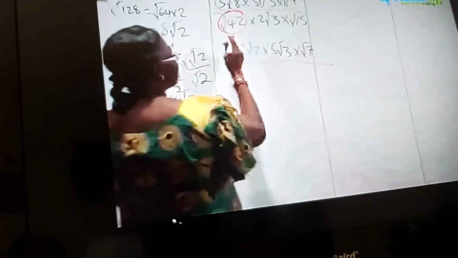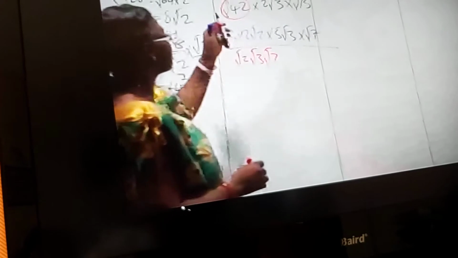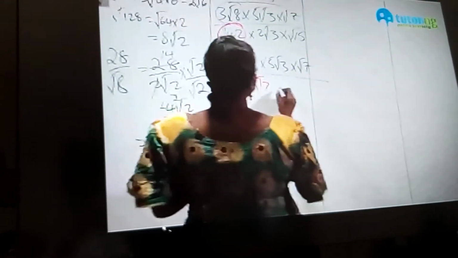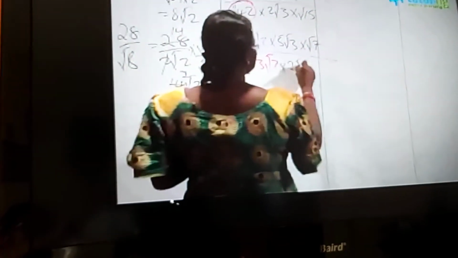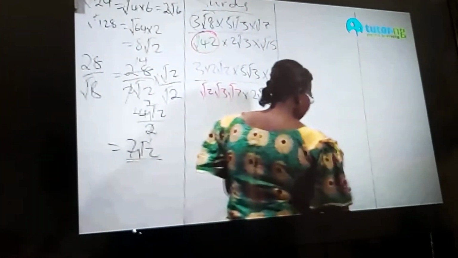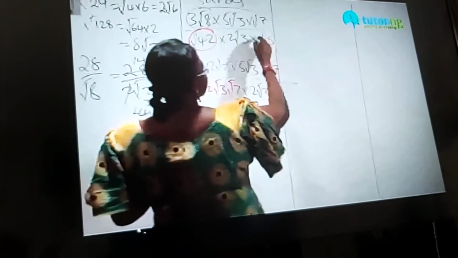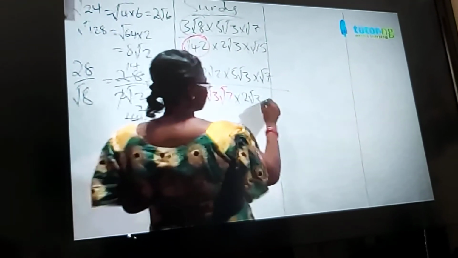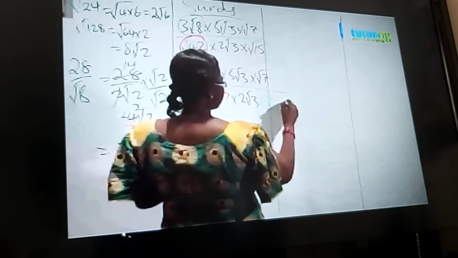So you break root 42 into root 2, root 3, root 7, because it will still be root 42, times 2 root 3, and finally your root 15. Your root 15 is what? Root 3 times root 5. So times root 3 times root 5.